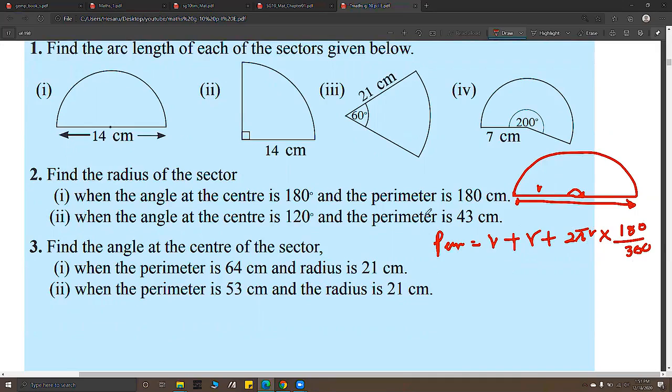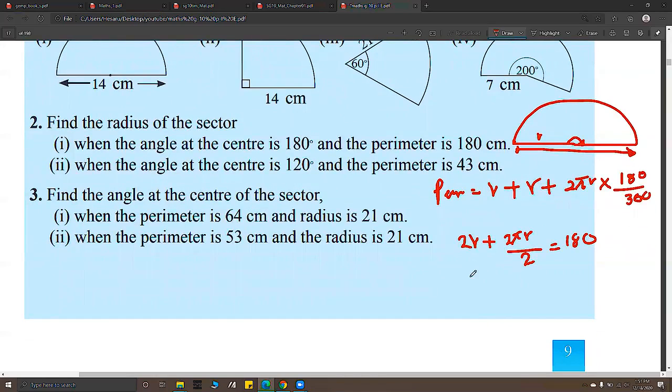The perimeter is given as 180 centimeters, so you can equate this equation to 180. It's 2r plus 2 pi r, and this is half, right? 180 over 360. Now simplify 2r plus pi r.